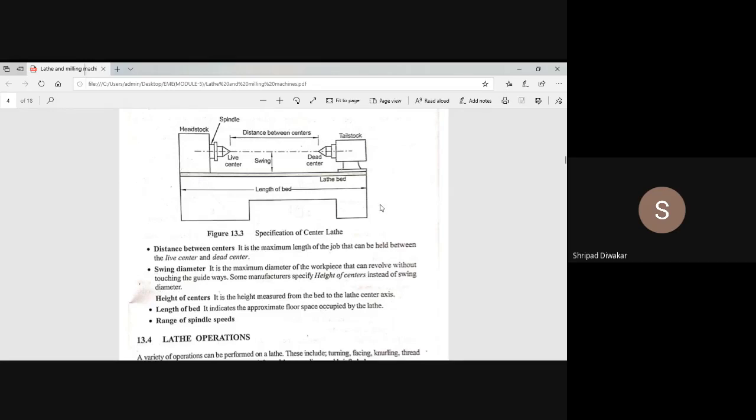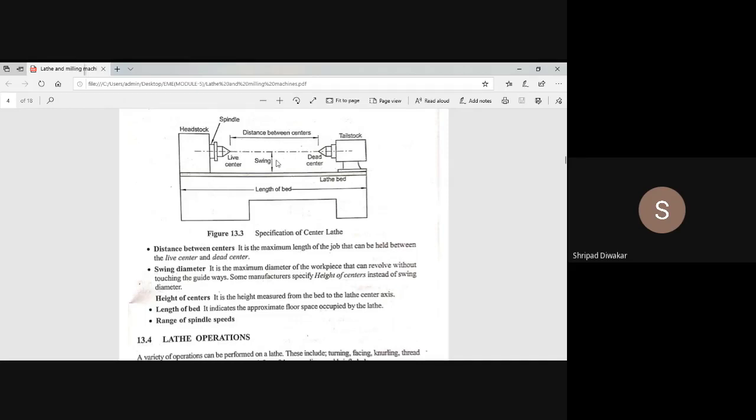First one: how much length of the job we can hold between the two centers is called the distance between two centers. Suppose my capacity is around 500 mm, then we can hold a maximum length of 500 mm between two centers. That is the distance between two centers, the maximum length of the job we can hold between two centers. This is the first one.